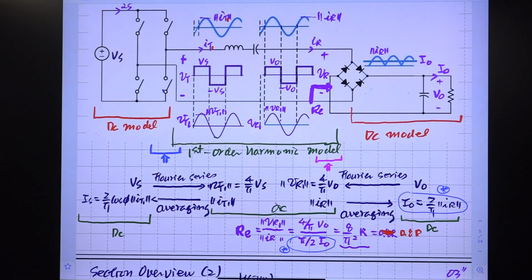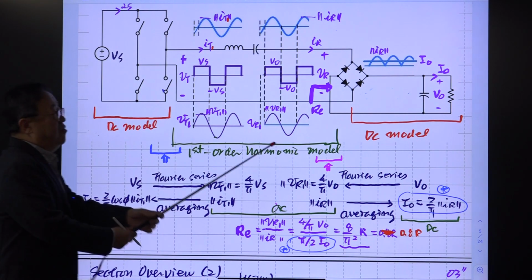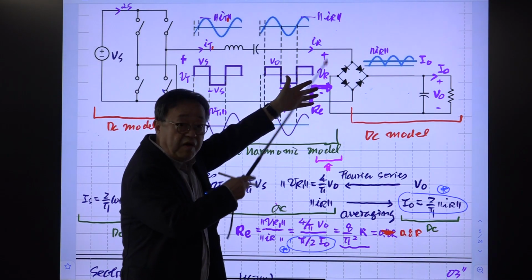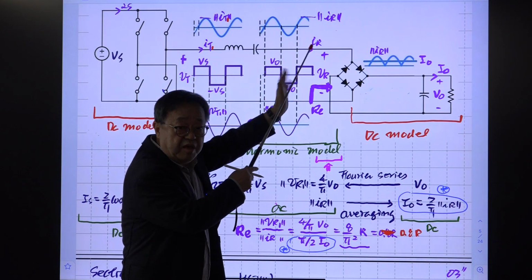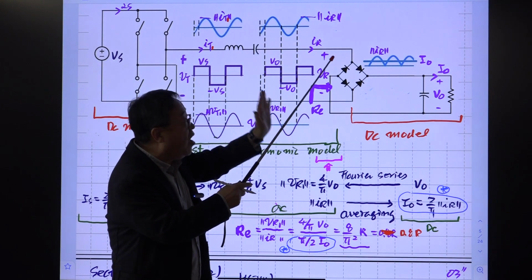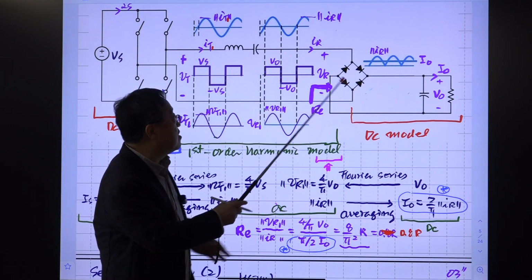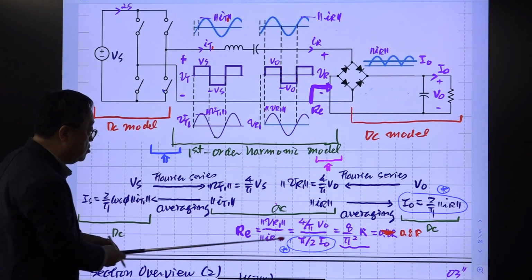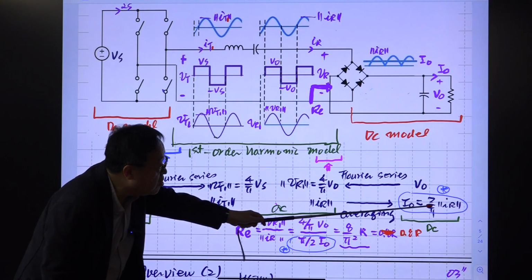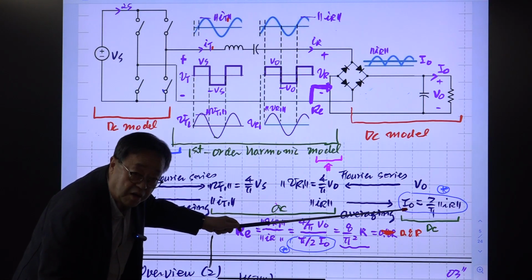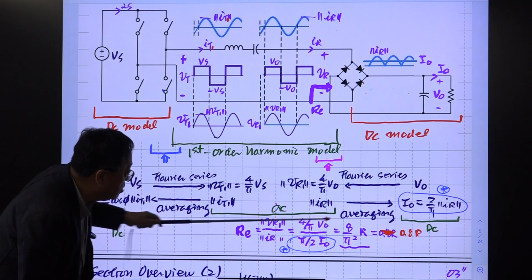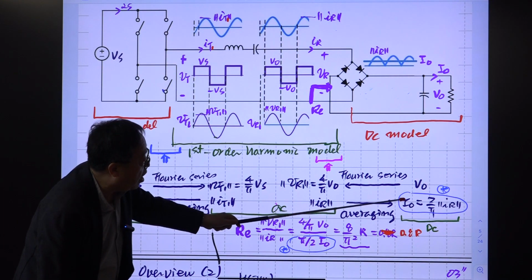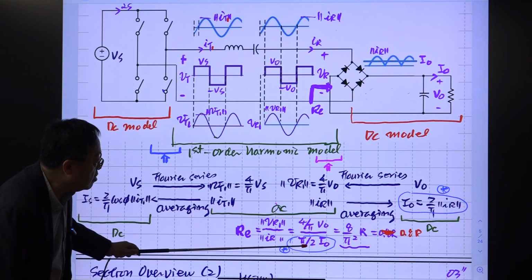Think about this: for RE, we are just talking about the ratio between the fundamental component of VR and IR. We don't have any interest other than that. Then the magnitude of this fundamental component IR is shown here. That is related to IO through this equation. So the relationship between IO and IR comes in as this factor.